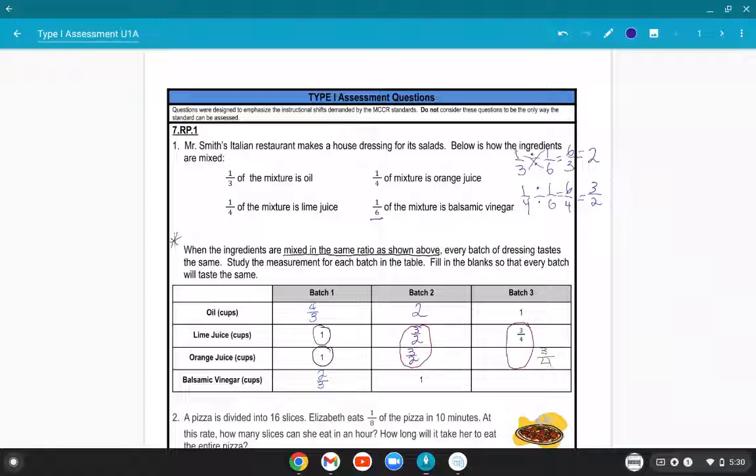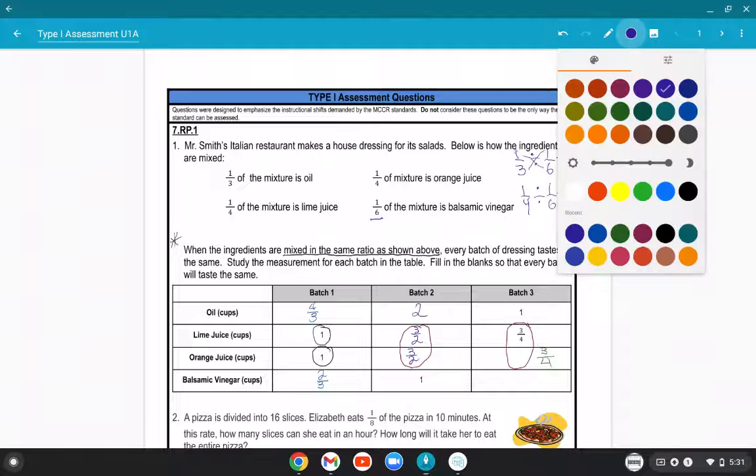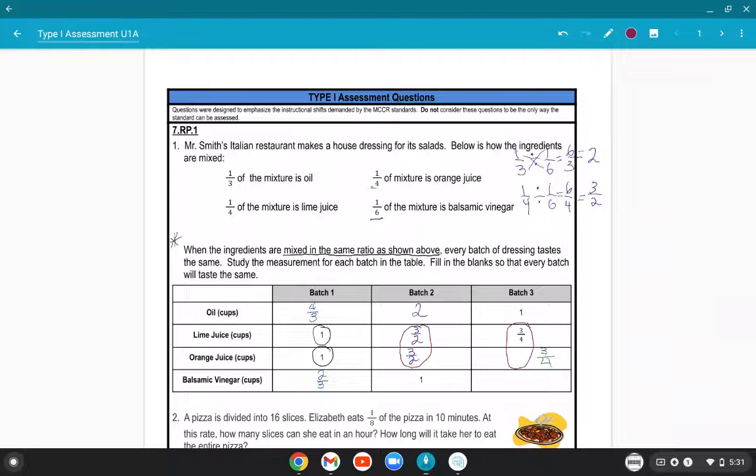Again, we already knew based on the pattern that for batch 3, since the lime juice is 3/4, the orange juice has to be 3/4 because they have the same beginning quantity, which is the 1/4 that you see here.